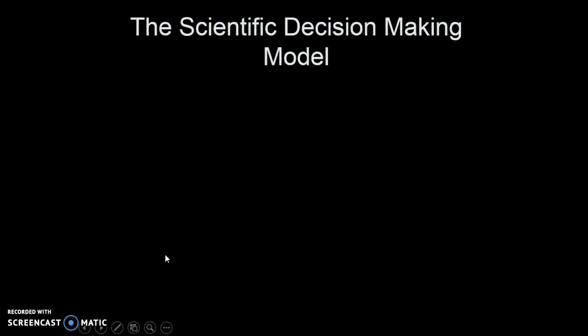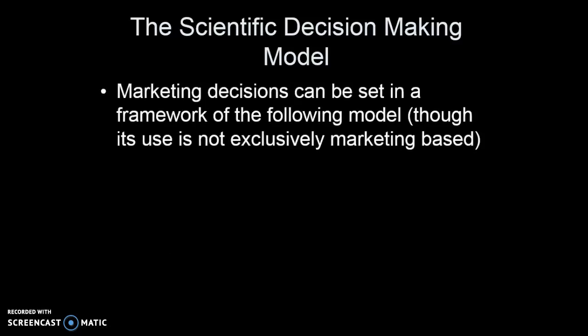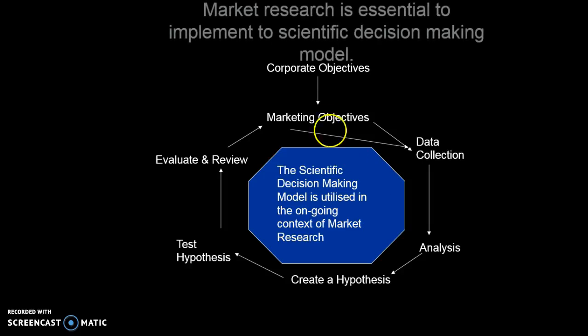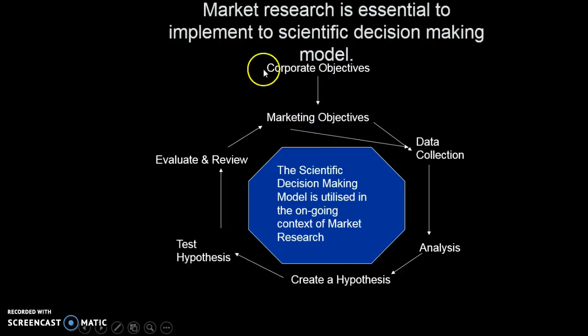Now, to ascertain the success or the failure of some of these objectives, what you can basically do is put it into some sort of logical decision-making model. So marketing decisions can be set in a very basic framework model. It's like a model of inquiry. It's not just used exclusively for marketing-based ideas, but does give us an idea. So it feeds the whole idea, feeds the corporate and the functional objective. So what we have at the top is our corporate objective, feeding down to our marketing objective.